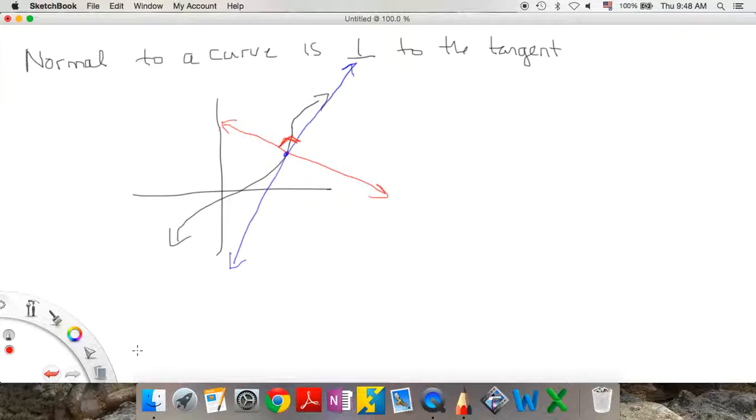So in example 1, the first one we did where we had a slope of 3, the normal would have a slope of negative 1/3 because remember the perpendicular, if we have a slope of 3, then the perpendicular slope is the opposite reciprocal.